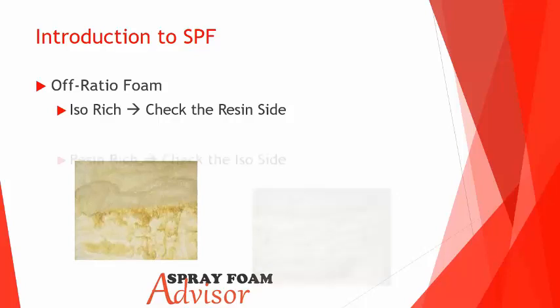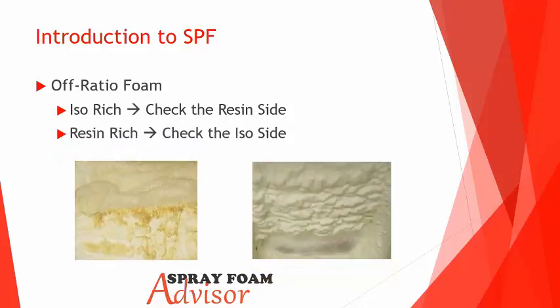If the mixture is lacking a component known as B or resin-rich, then the resulting SPF will generally be chalky, soft and spongy, and lower in density than the manufacturer specifications. This means the system is not getting enough ISO. Look on the ISO side for the issue. Also note, all off-ratio foam should be removed from the job site and discarded as waste.